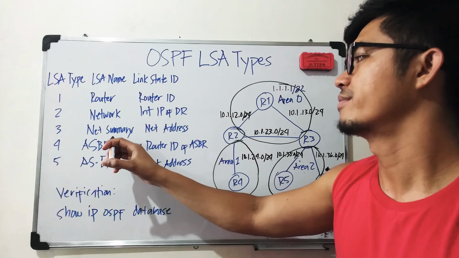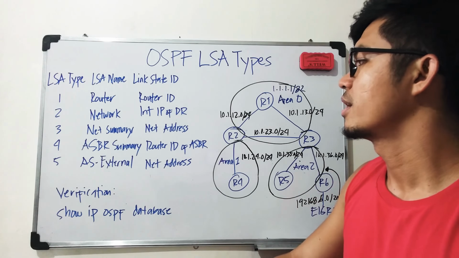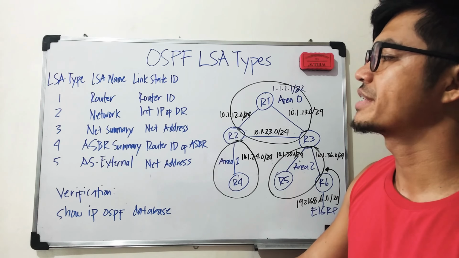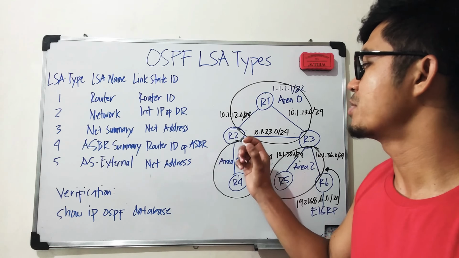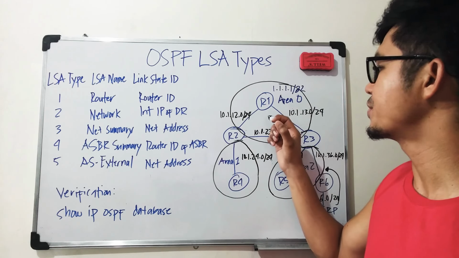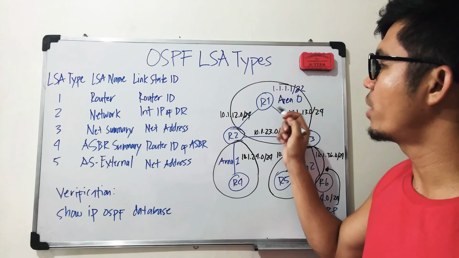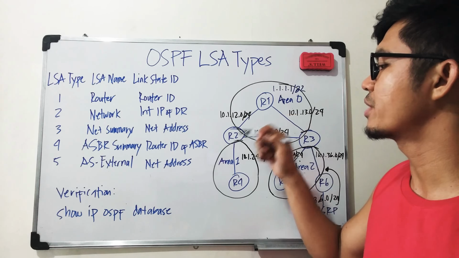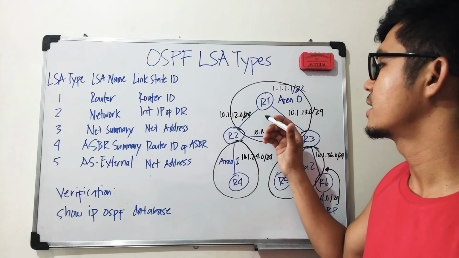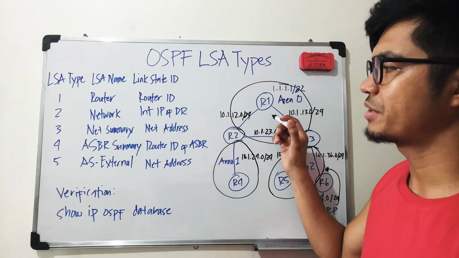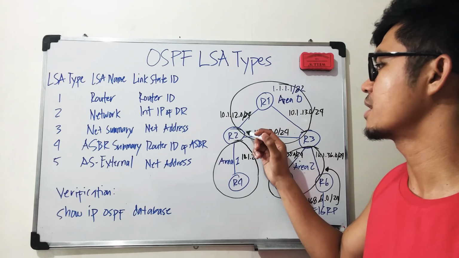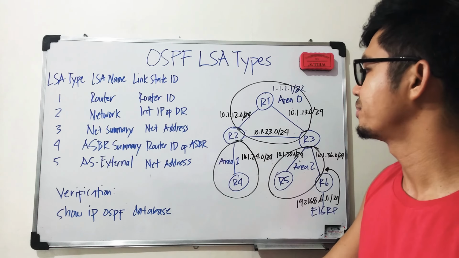And we have network summary LSAs. Network summary LSAs are advertised by the ABR routers. For example, here R2 and R3, if on R1 we do a show IP OSPF database, you will see that the network summary LSAs are being advertised by the ABR routers.